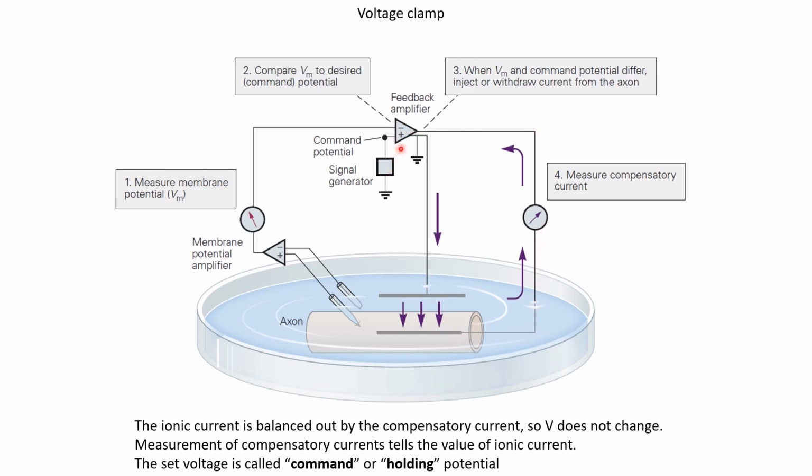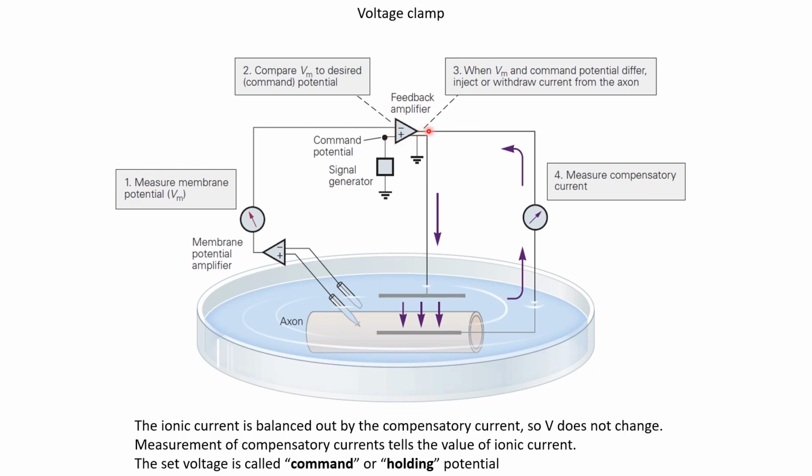So now let us see how the amplifier would function. If the voltage of the neuron is the same as the command voltage, then this difference will be 0. So there will be no feedback output and the neuron will continue to be at the command voltage. And if the voltage of the neuron is less than the command voltage, so if it's a more negative value or less positive value compared to the command voltage, then this difference becomes positive, and this positive difference is multiplied by the large amplification factor of this amplifier.